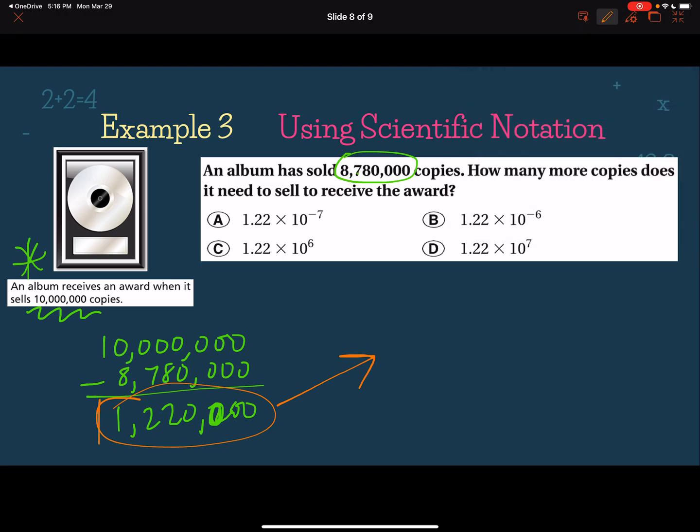So focus on the non-zero digits. Think about where you're going to locate your decimal. And then put your power of 10, count the number of spaces, 1, 2, 3, 4, 5, 6, and that becomes your exponent. So it looks like C is the correct answer there. That matches up with our answer.